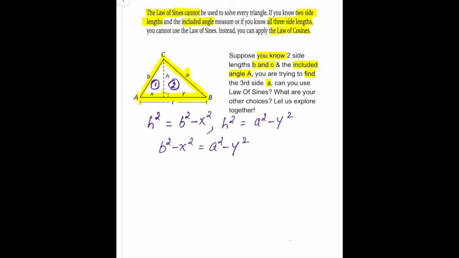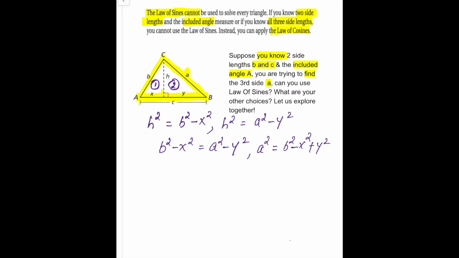Our goal is to find a, so let's make a squared alone on the left side. Add y squared to both sides, so I get a squared equal to b squared minus x squared plus y squared.